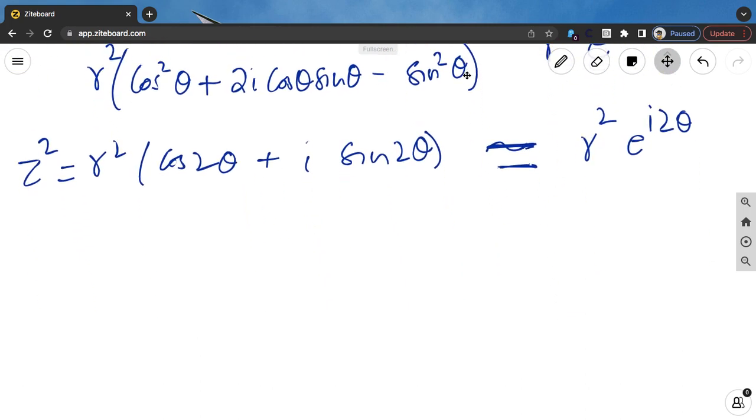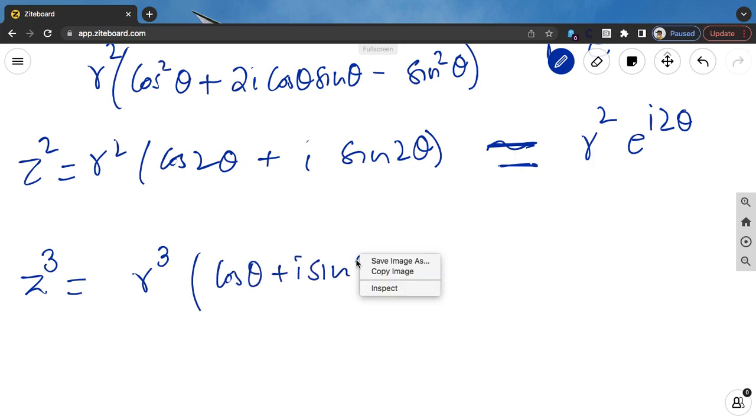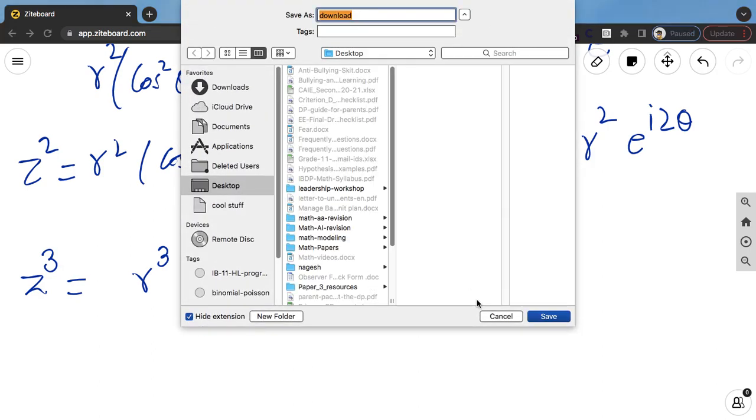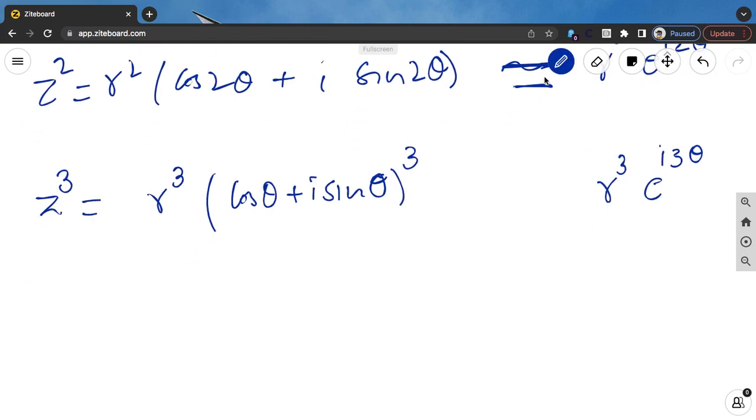Let's try one more thing. Let's try z cube. So z cube means my polar form will become r cube times cos theta plus i sin theta, the whole cube, and this will become r cube e raised to i 3 theta. Let's expand what is in the middle.